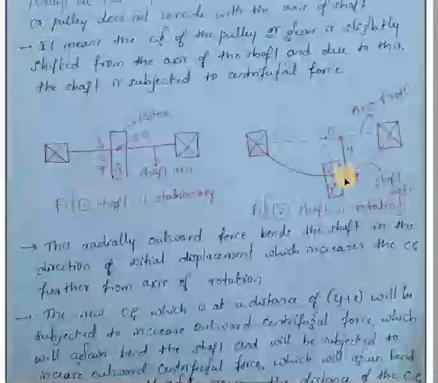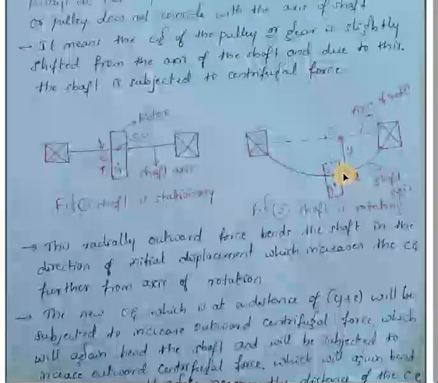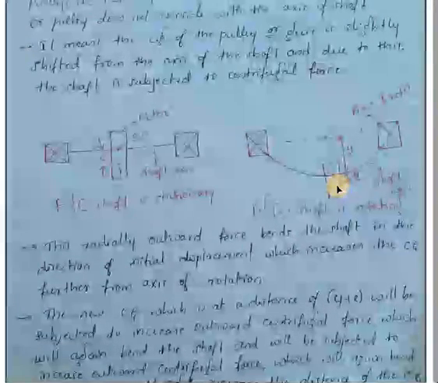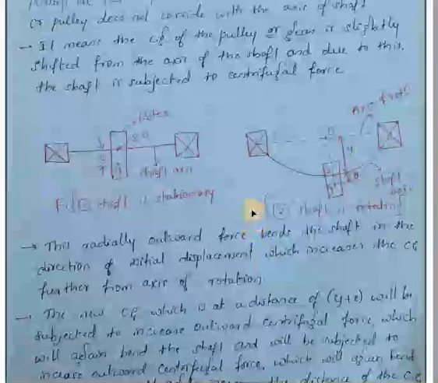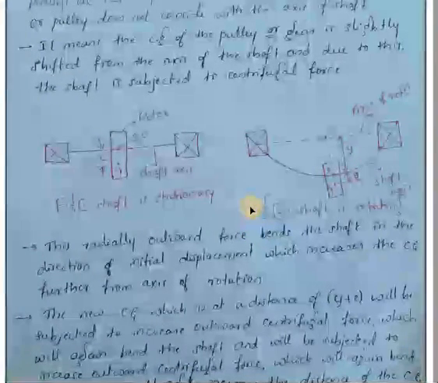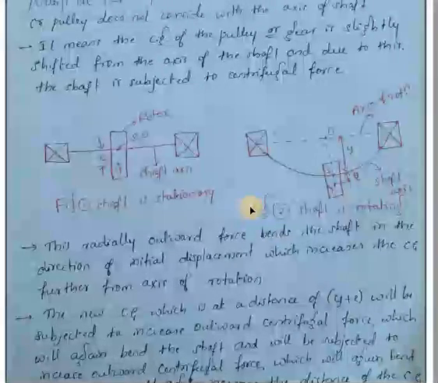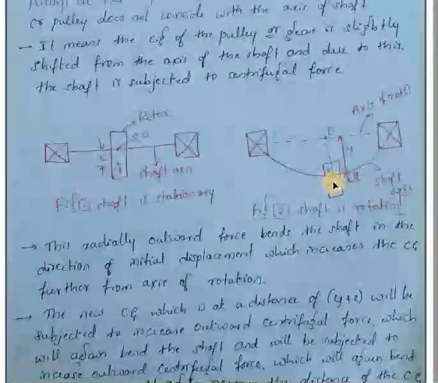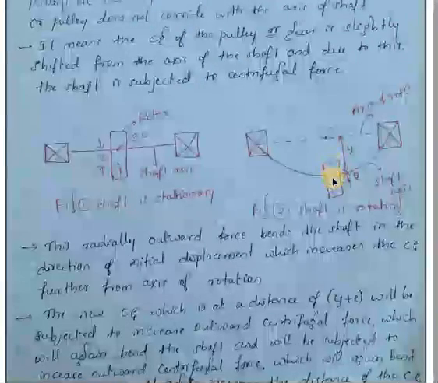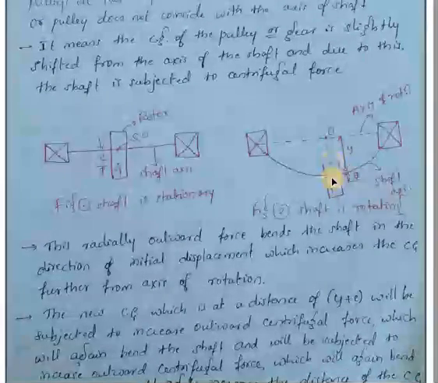This is the eccentricity e, that is, the distance from the center of rotation to the CG. This radially outward force bends the shaft in the direction of initial displacement, which increases the distance of the CG further from the axis of rotation.